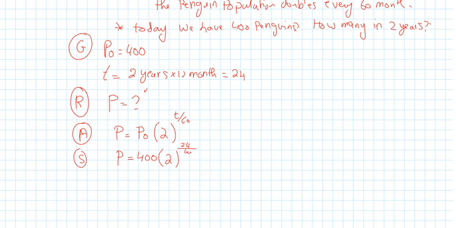Make sure that when you enter this in the calculator, you enter it like this: 400 times 2 to the power of, and when you put your exponent, it has to be in brackets. I know each calculator is different, so you might have to use different buttons, but it's the same process.